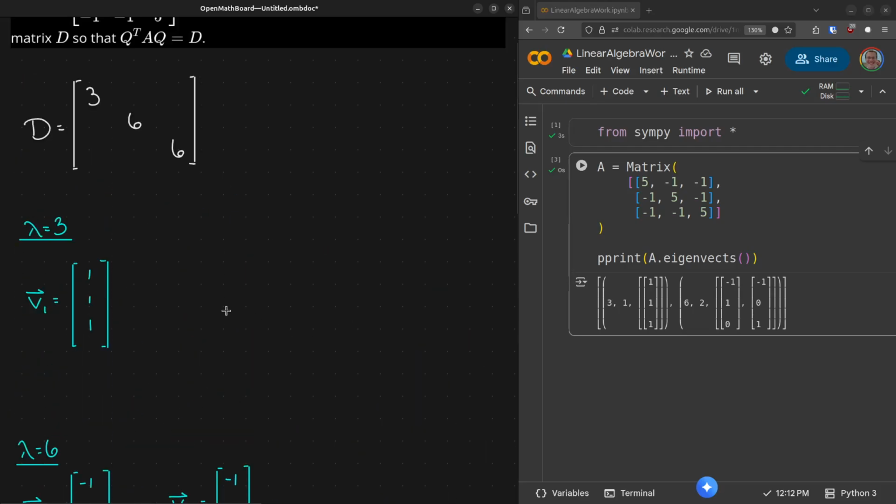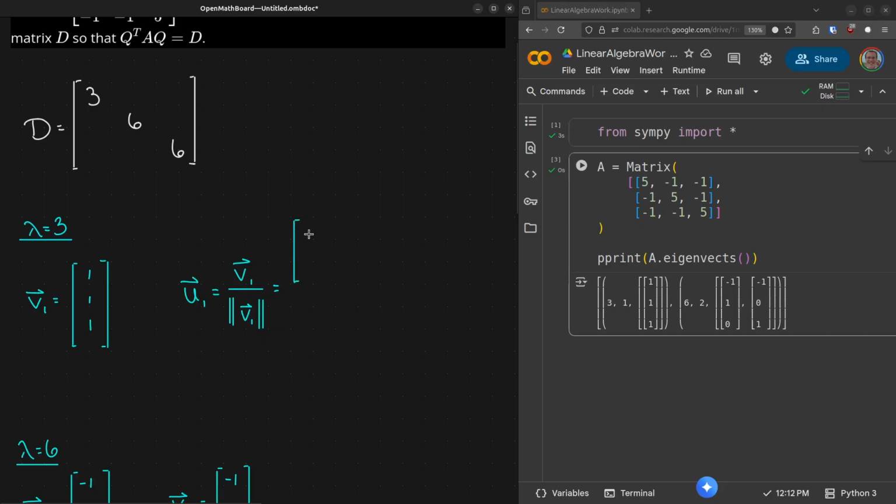I'll call my normalized vector for the lambda equals 3 eigenspace u1. I'm going to normalize it just by taking the original vector v1 and dividing by its norm. That will change its length to a unit length.